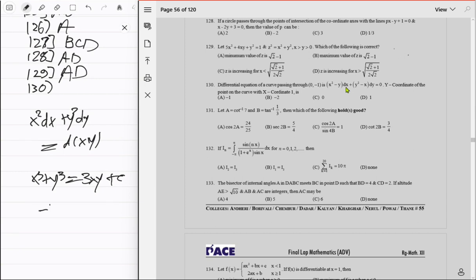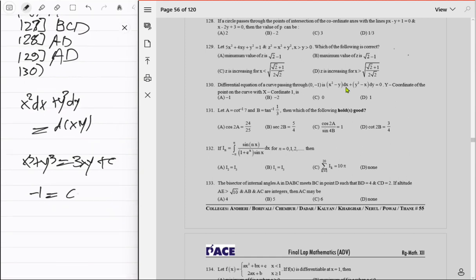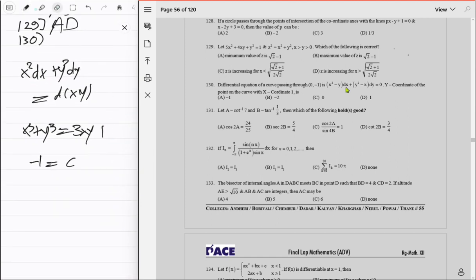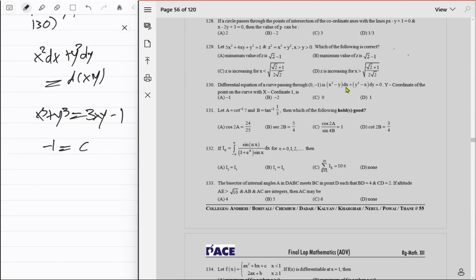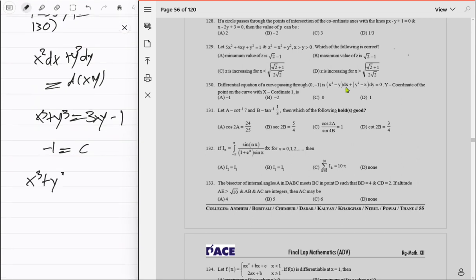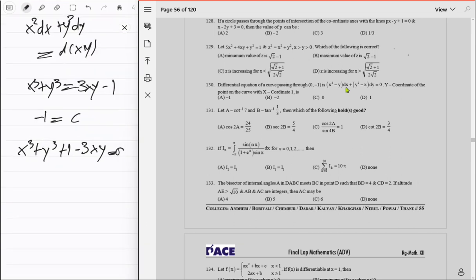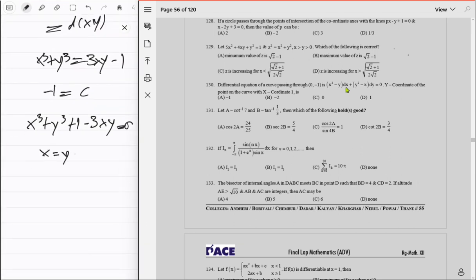So negative 1 is equal to c, so c is equal to negative 1, which means basically x cube plus y cube plus 1 minus 3xy is equal to 0. That means either x equal to y or equal to 1, or x plus y plus 1 equal to 0, right? So yeah, that looks correct.